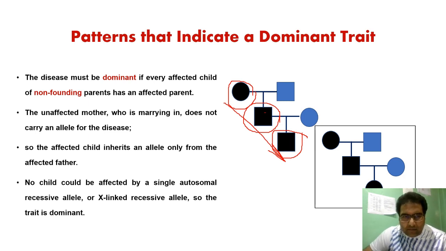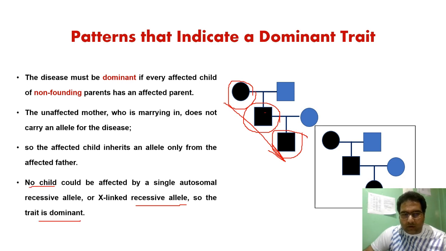The unaffected mother who is marrying in does not carry an allele of the disease, so the affected child inherits an allele only from the affected father. No child could be affected by a single autosomal recessive allele or X-linked recessive allele, so the trait is dominant.